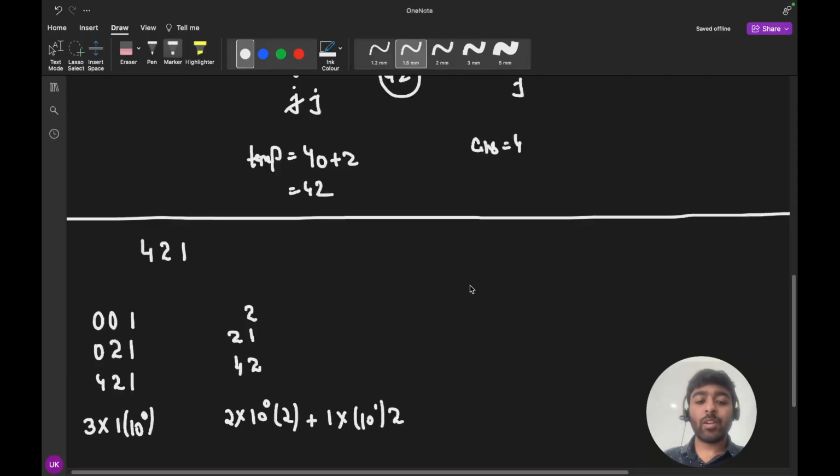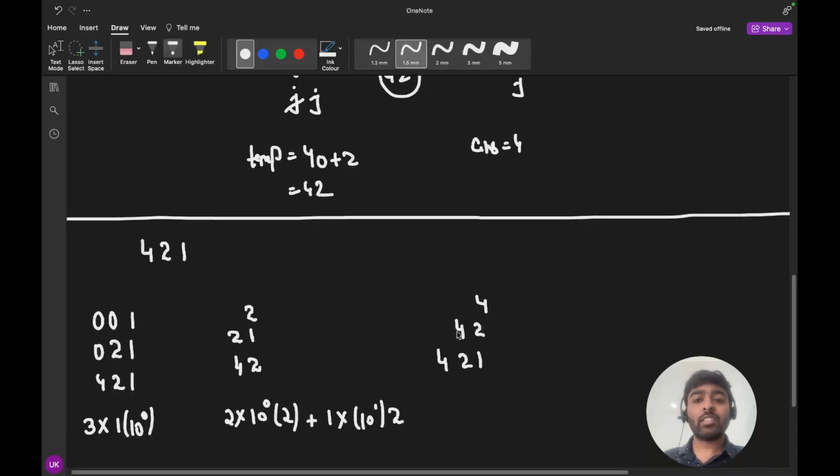Correct? If I talk about this 4, since there is no left side value, all the substrings which have 4 will always start from 4. So it can be 4, it can be 4 2, it can be 4 2 1. So one time it is coming at the zeros place, one time at the tens place, and one time at the hundreds place.